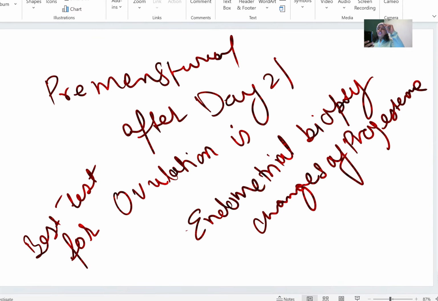We know that progesterone makes the endometrium secretory. So we see on the histopathology whether the endometrium is secretory or not.